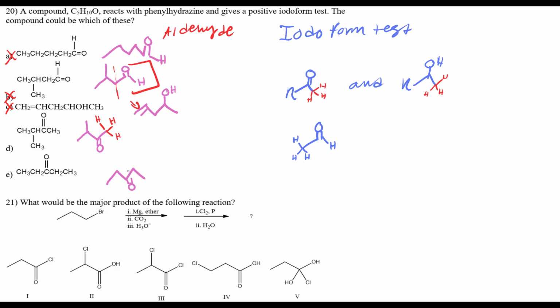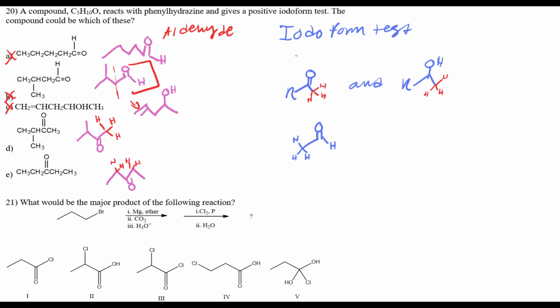Right here on answer choice E, this would be wrong because, yeah, we have a ketone, but it's in the middle of the compound, and we know that's not good. So these are not very acidic hydrogens, okay? They're very bad hydrogens. So you want your ketone to be on the very edge of it because you want these acidic hydrogens.